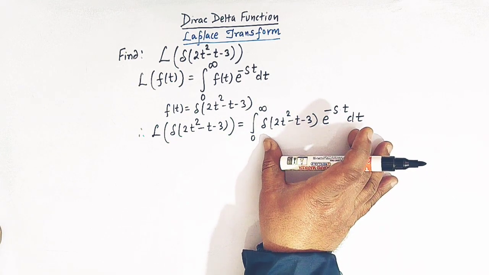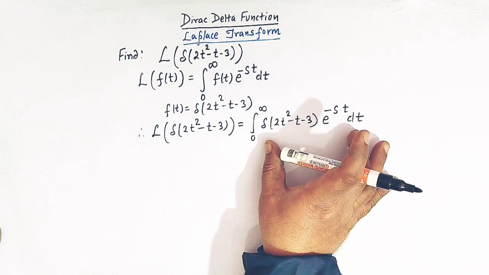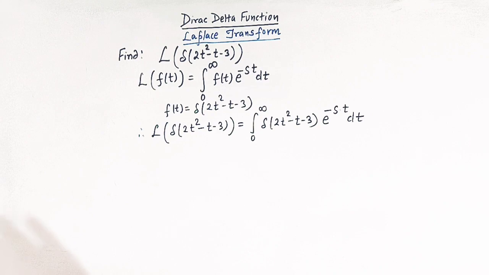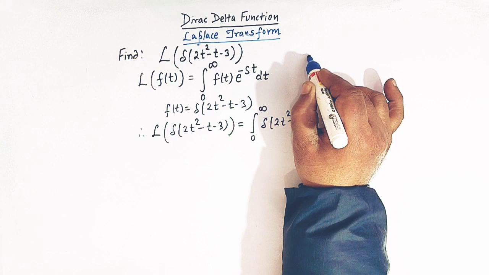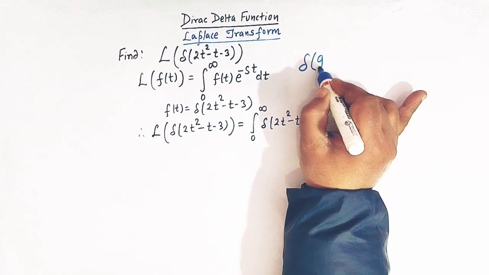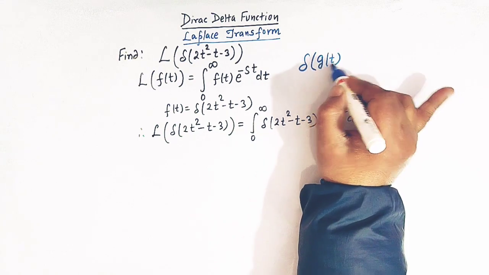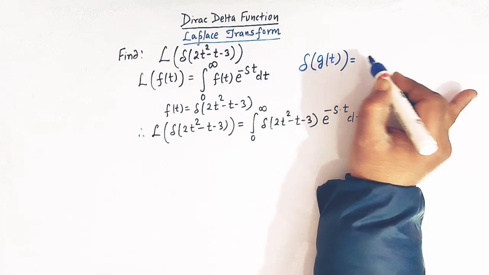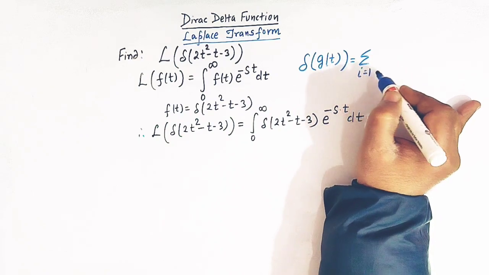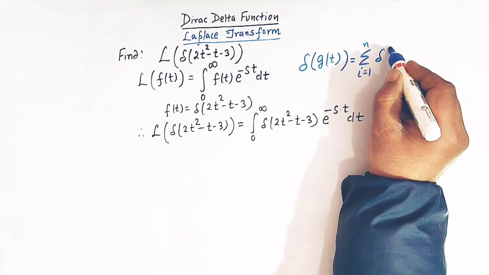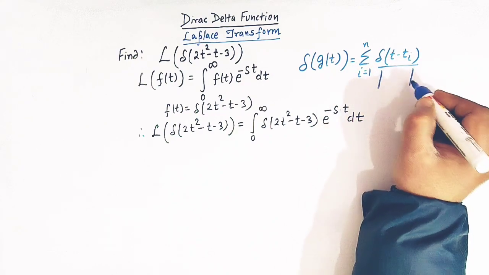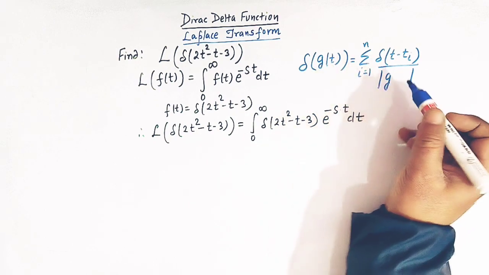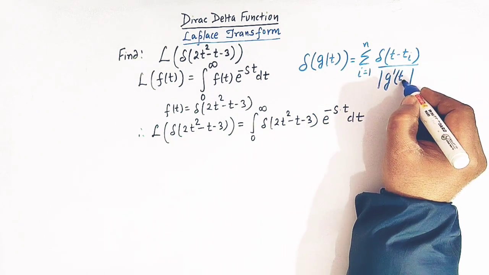To evaluate this integral, we have to make use of one important property of Dirac delta function, which says that the Dirac delta of g(t), that is delta of g(t), is equal to the summation from i = 1 to n of delta of (t − ti) divided by the modulus of the derivative of g(t) at the points ti.